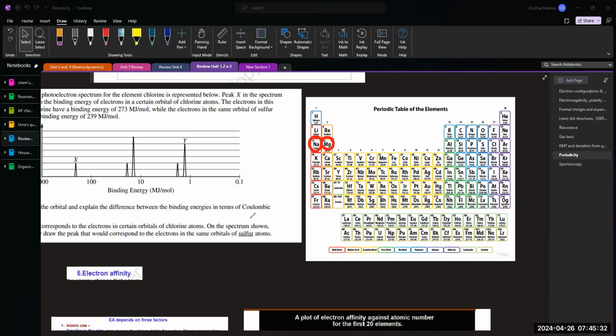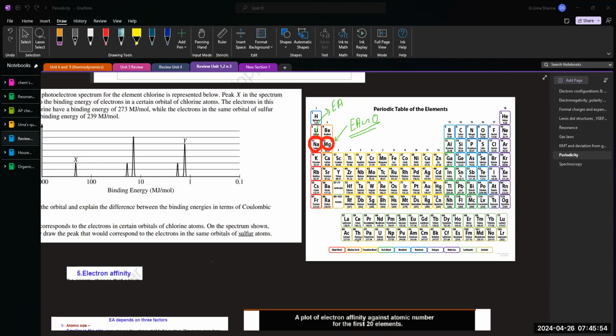Yes. So the electron affinity of magnesium is nearly zero, right? And sodium's electron affinity will be more negative than magnesium. You can see in the graph.